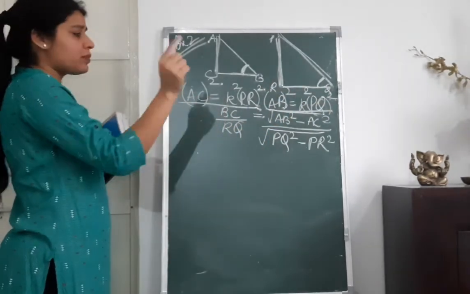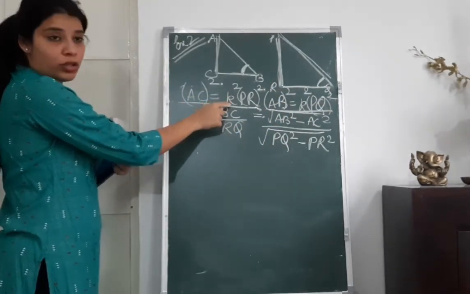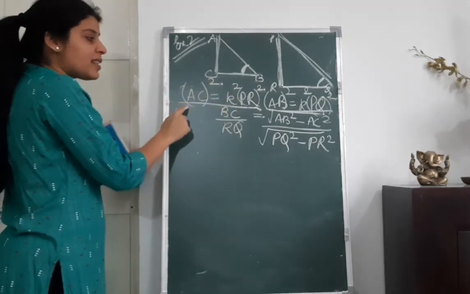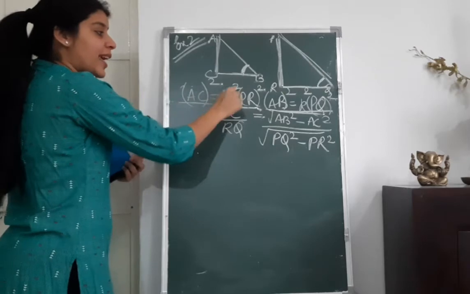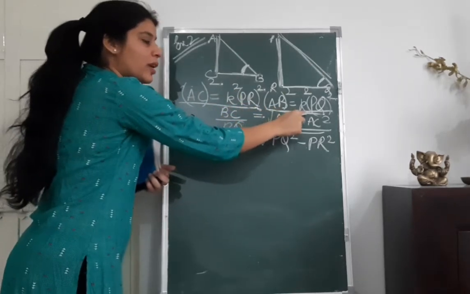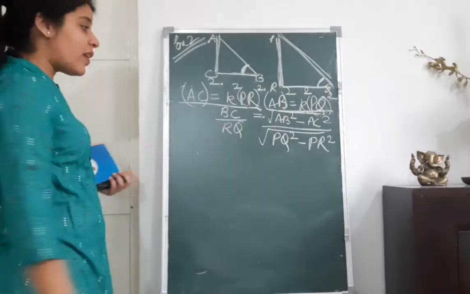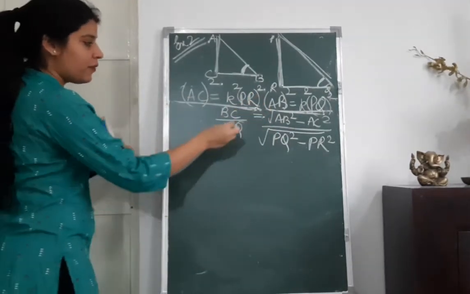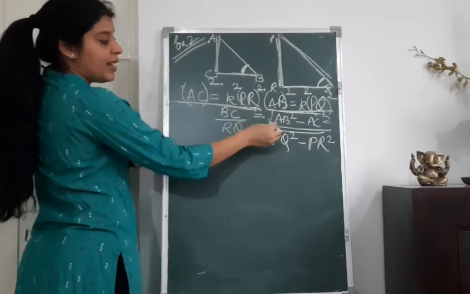I think in my last step I was telling that this is also equal when we are squaring on both sides. So AC square is equal to K square PR square, and AB square is equal to K square PQ square, right? I am going to put these values of AC square and AB square here.